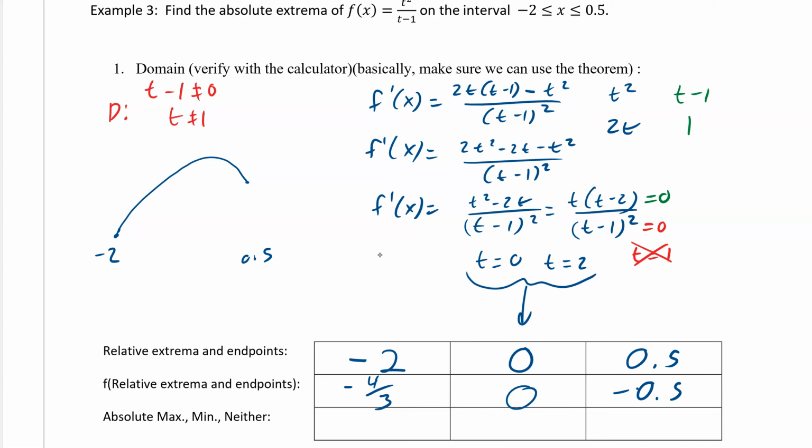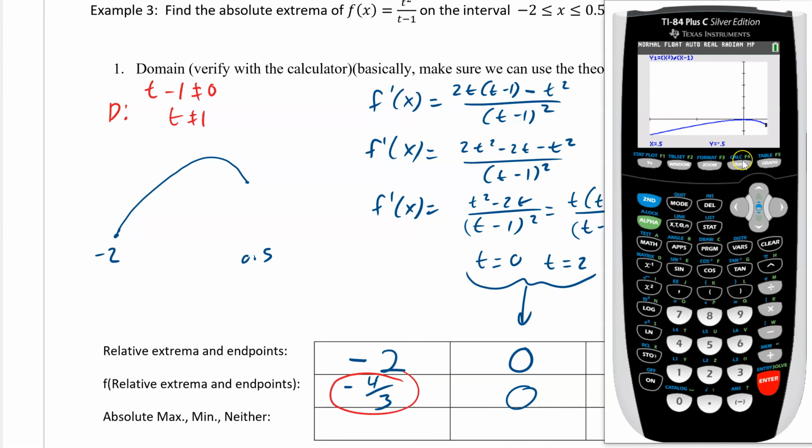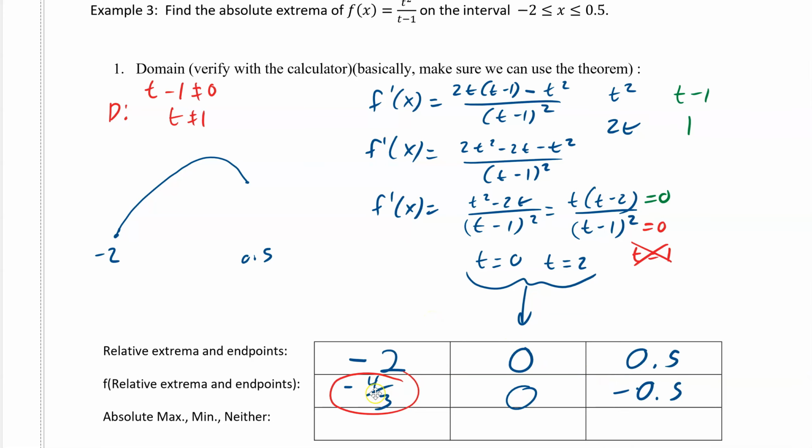Okay, so we can see that we have a minimum value here. Remember, using the calculator, you can clearly see it, but just by numbers, -4/3 is the smallest, so that is our min. 0 is the highest, and that is our max, which makes the value we got at 0.5 neither.